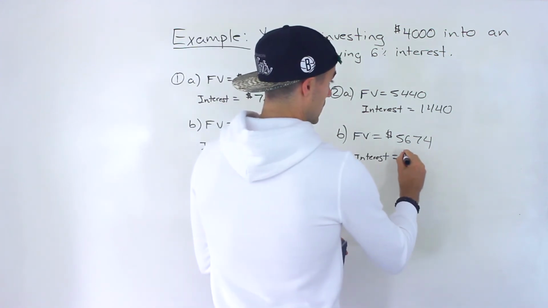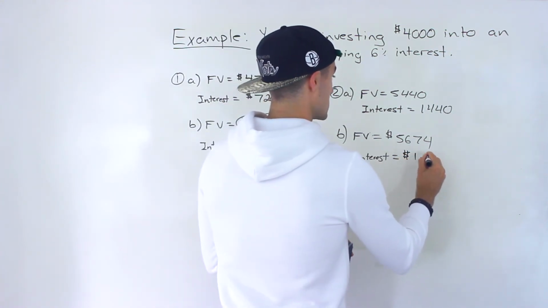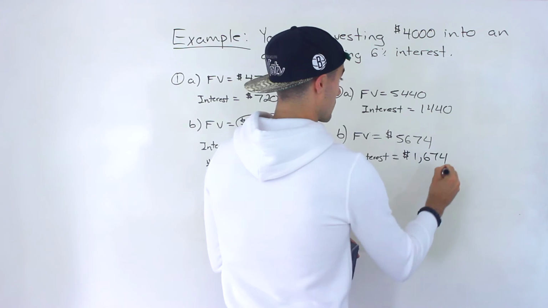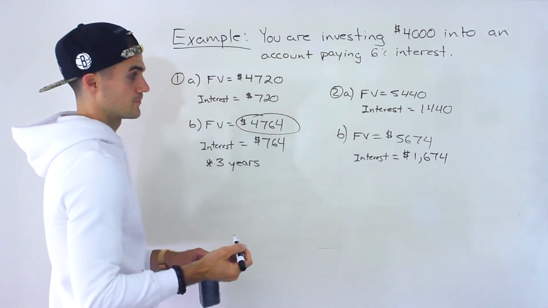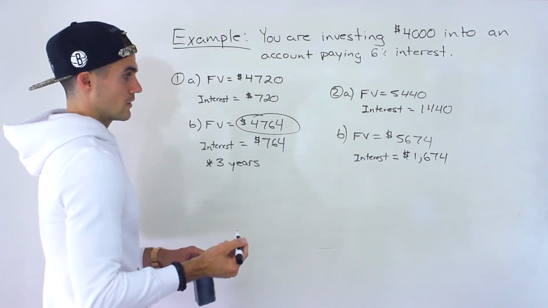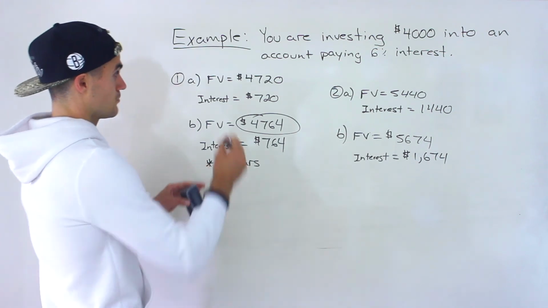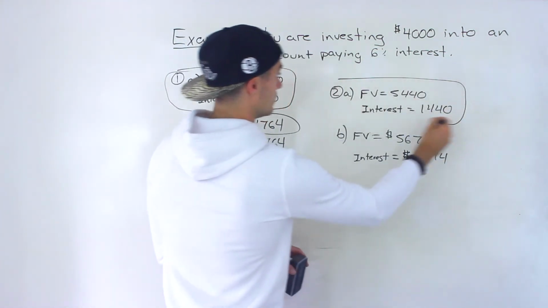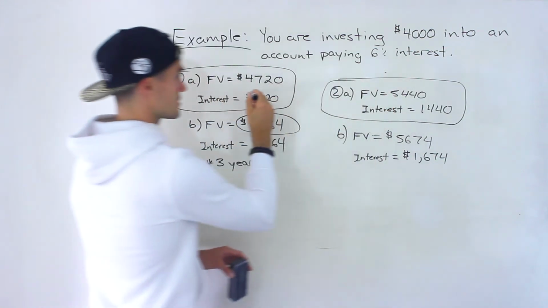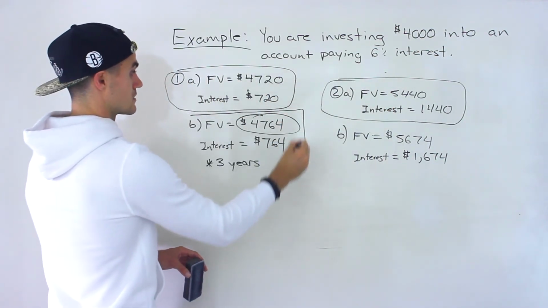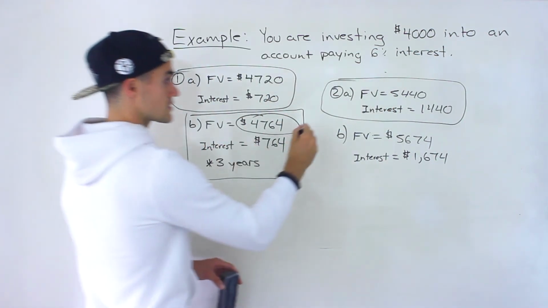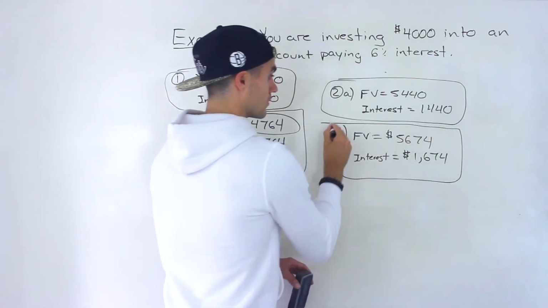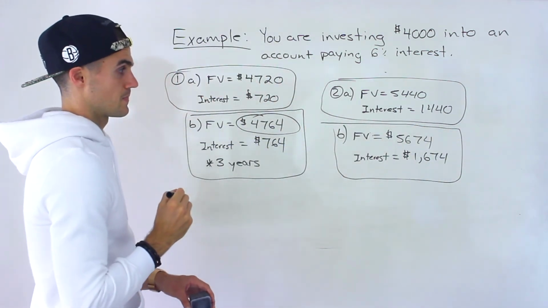And so that would end up being $1,674. So those are the respective amounts. Both of these are simple: this is for 6 years, this is for 3 years, and then this is compound for 3 years. This is compound for 6 years.